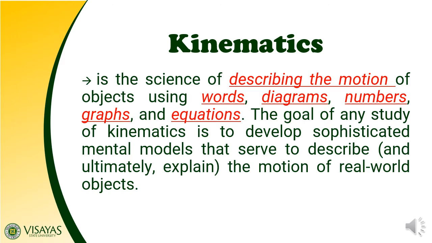Kinematics is the science of describing the motion of objects using words, diagrams, numbers, graphs, and equations. The goal of any study of kinematics is to develop sophisticated mental models that serve to describe and ultimately explain the motion of real-world objects. So the main goal of kinematics is to describe the motion of real-world objects.